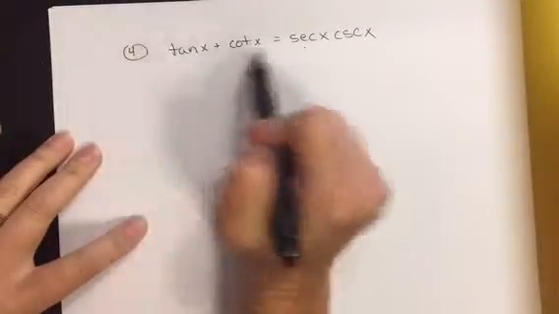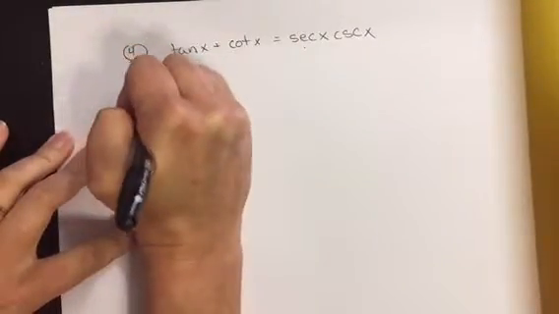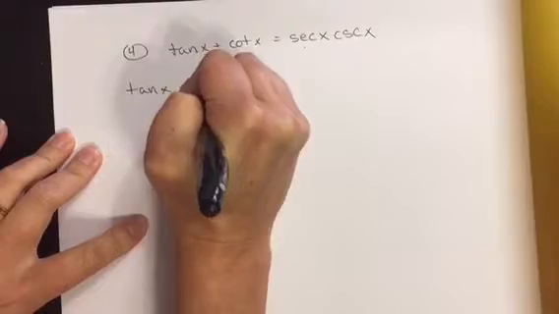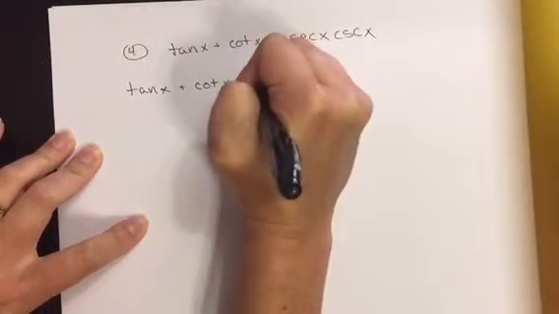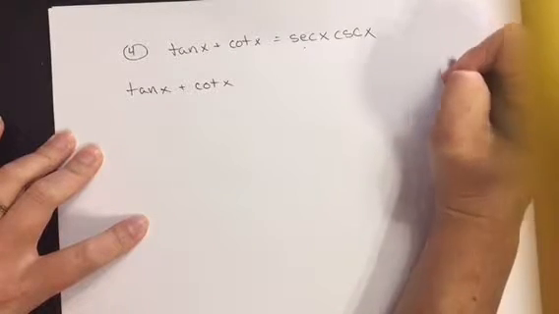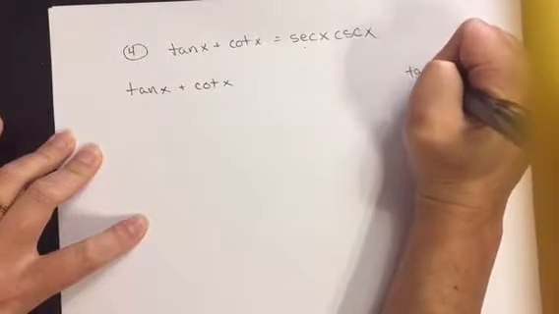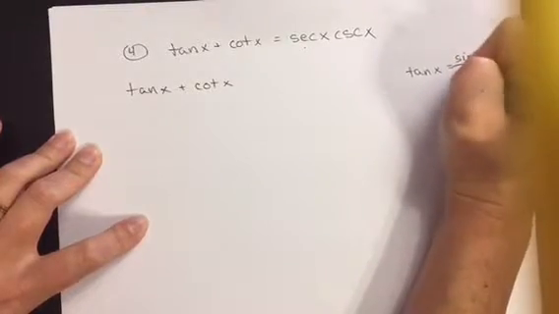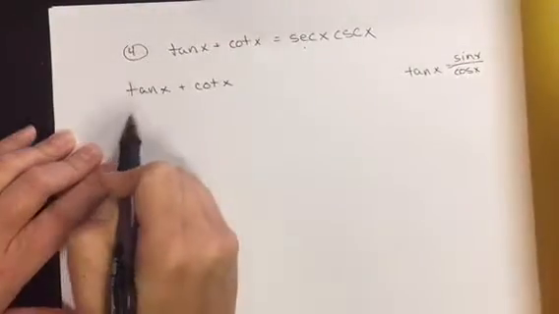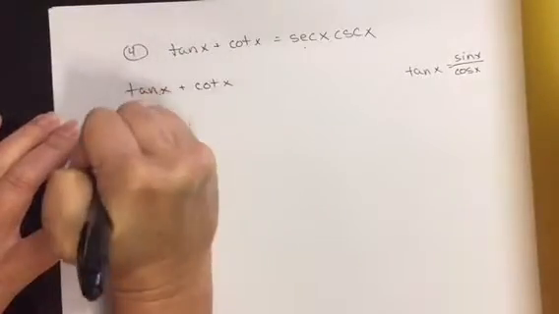So let's go ahead and take this side of the equation only. So tangent x plus cotangent x. All right, so let me put my identities over here. Remember, tangent x is going to equal sine x over cosine x. So I'm going to plug that in here.